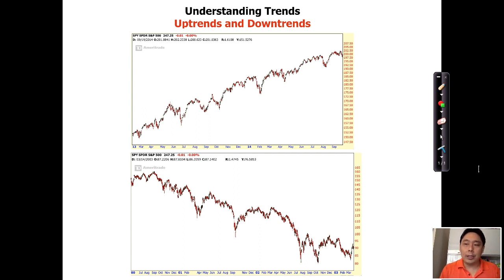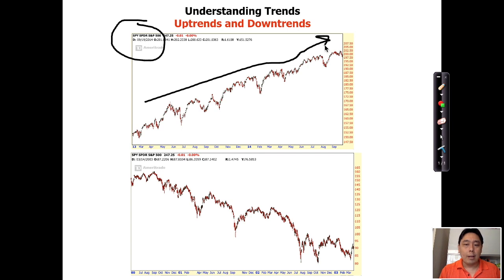So over here you can see that the SPY, S&P 500 ETF, is on a clear uptrend. So how do you define an uptrend? An uptrend is defined by the price making higher highs, a series of higher highs, and a series of higher lows.